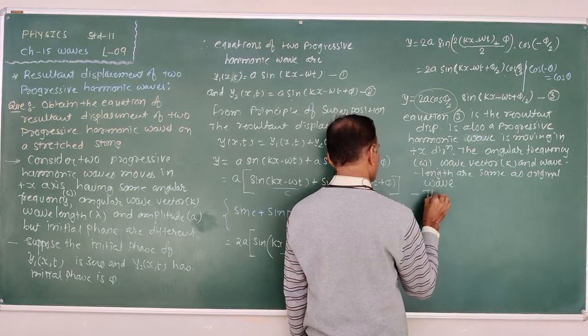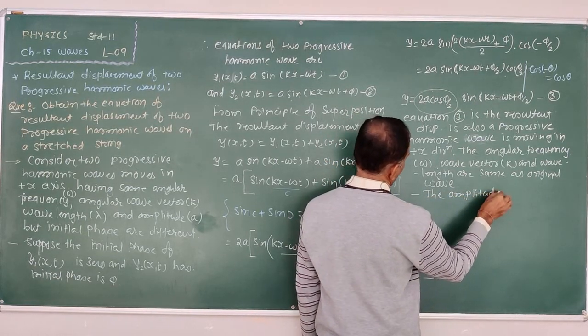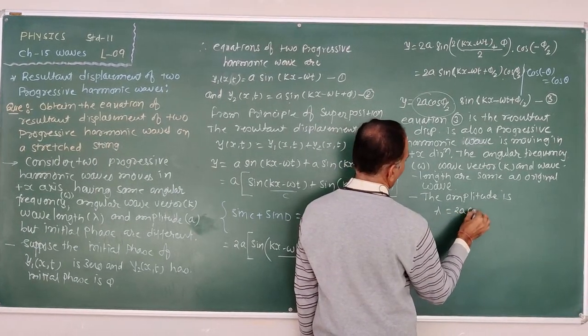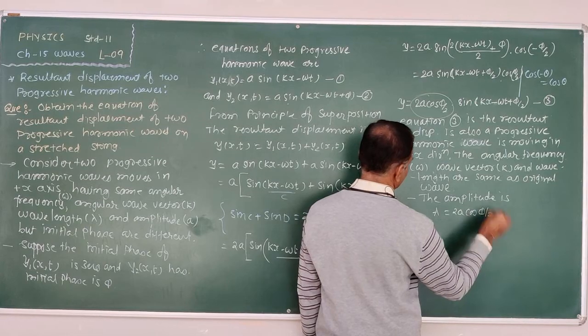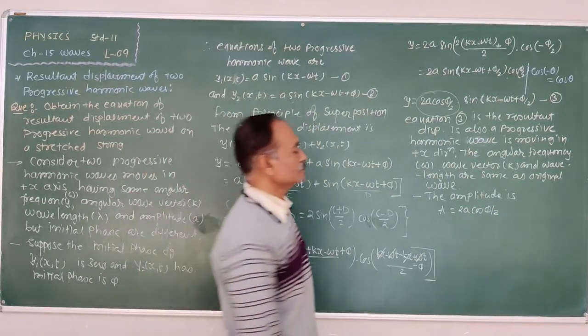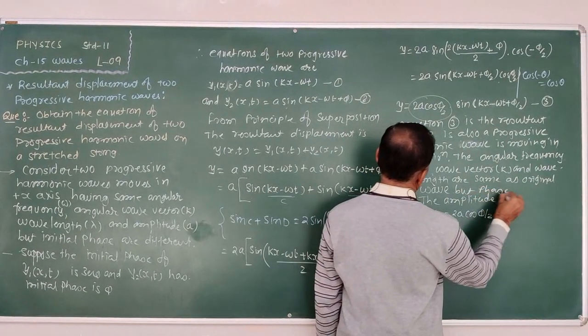The amplitude A is equal to 2A cos phi by 2. But the phase is phi by 2.